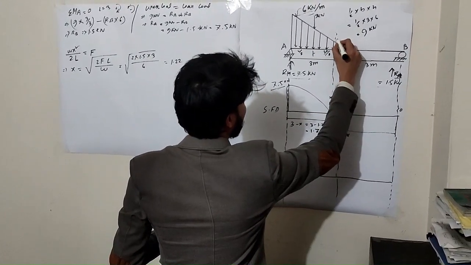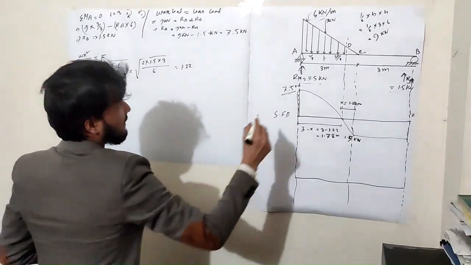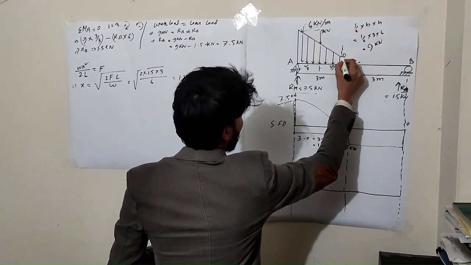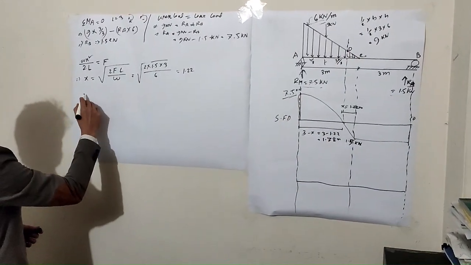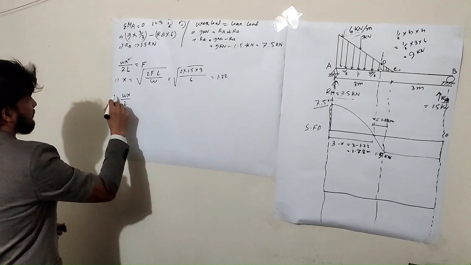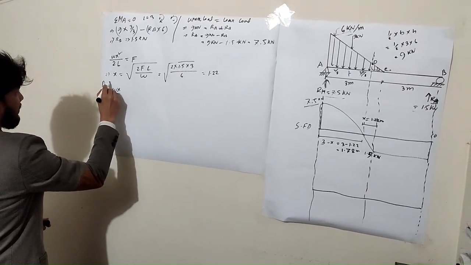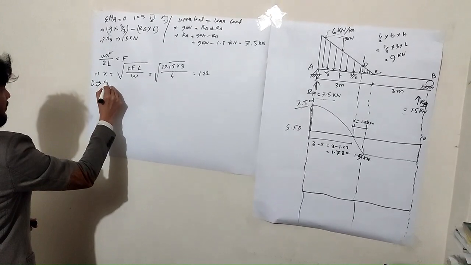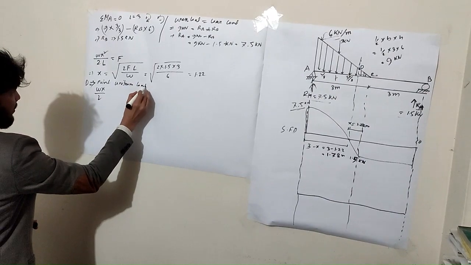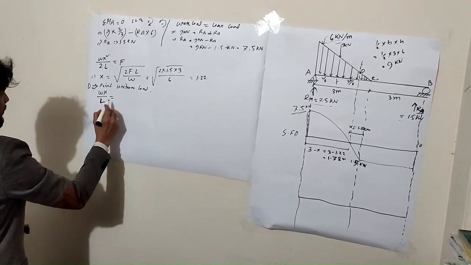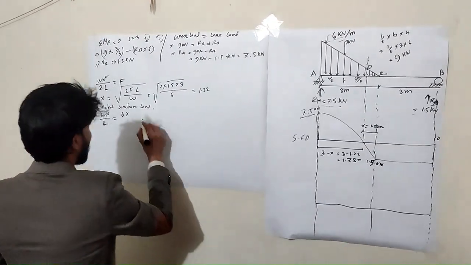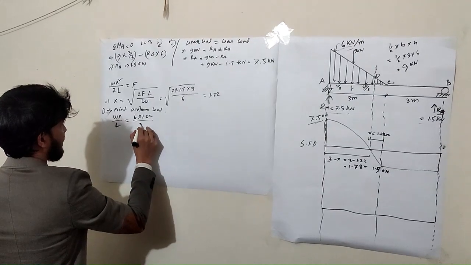We denote it D. To find the uniform load at D, there is an equation: W X by L. W is the total load 6, X is 1.22, L is 3.